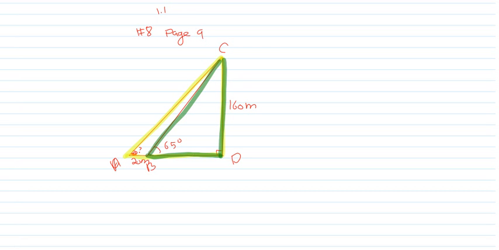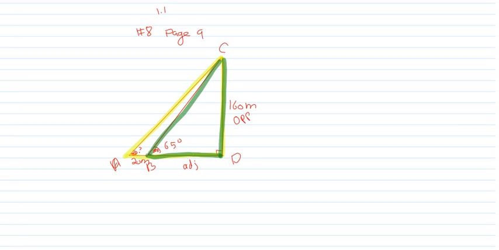Make sense? So I'm looking for this. This is my angle of interest, which is 65 degrees, right? What would be side BD with respect to 65 degrees? Opposite, adjacent, or hypotenuse? BD is adjacent. 160 is opposite.